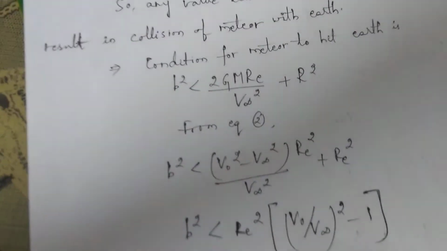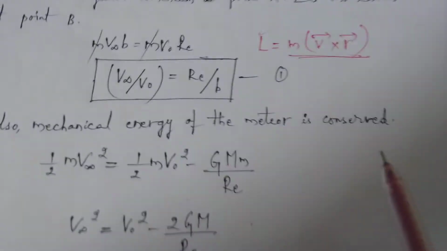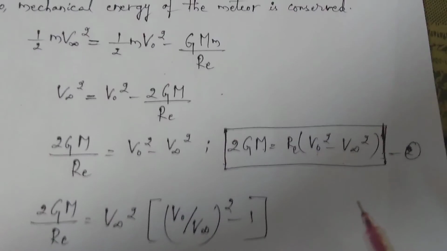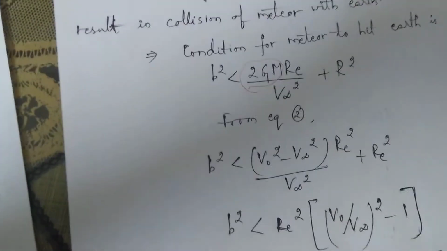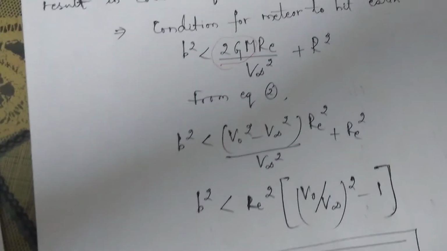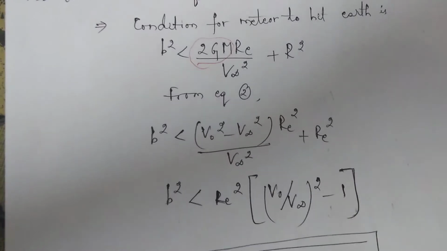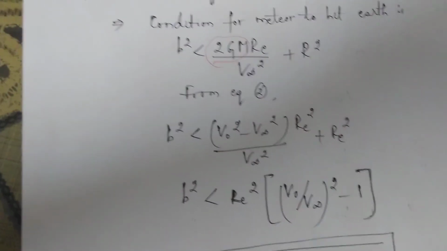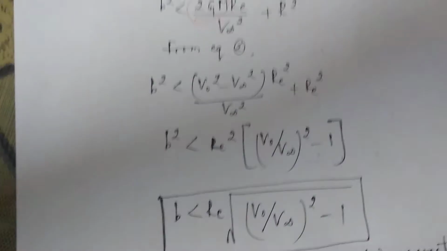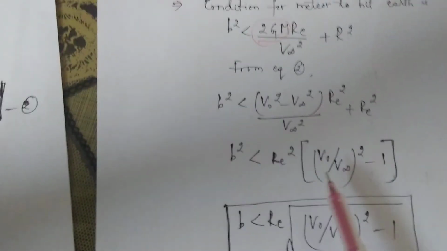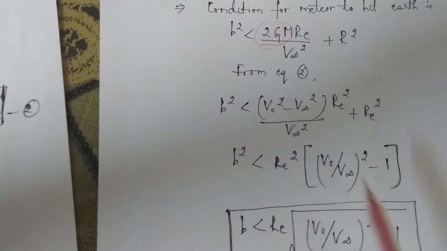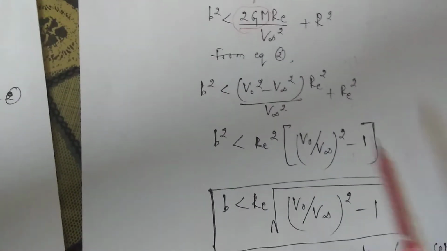So I am eliminating 2gm with the expression re into v naught square minus v infinity square, and substituting it here. We'll get b square less than (v naught square minus v infinity square) by v infinity square into re square plus re square. Taking re square common and doing some LCM, we'll get b square less than re square into (v naught by v infinity) whole square minus 1.